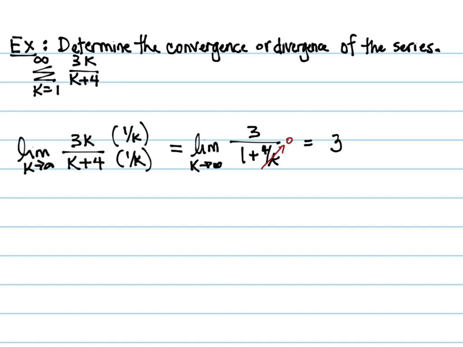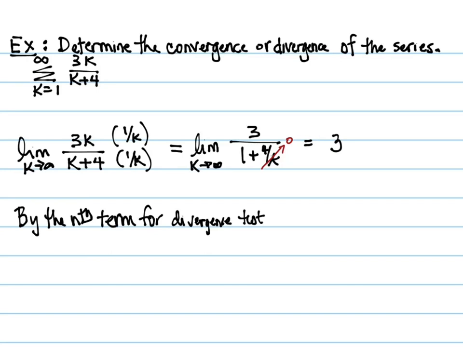So by the, how do we call it, nth term for divergence test, the limit of my sequence, which was 3k over k plus 4, as k goes to infinity, is equal to 3, which is not 0, obviously.